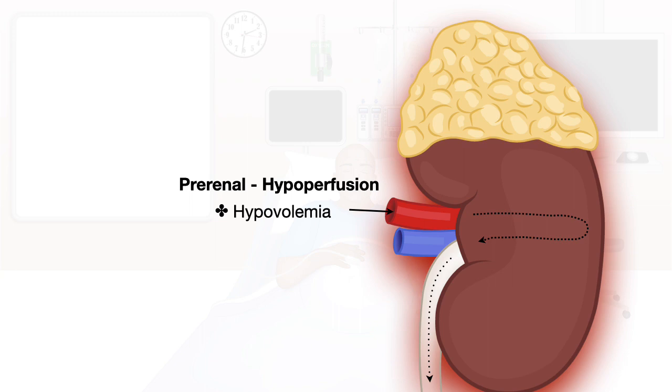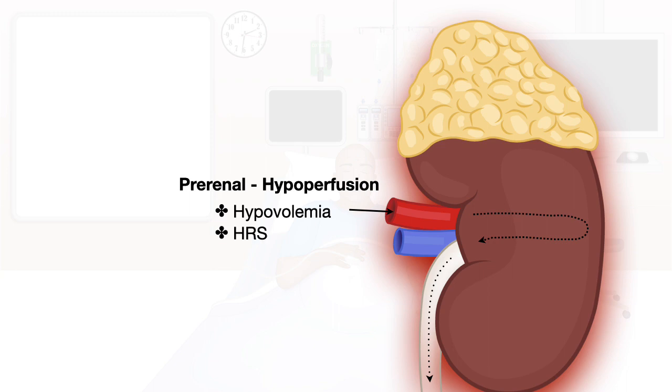This can happen if the patient has had a bleed, or the patient lost fluid because of excessive diuresis, or if the patient lost fluid because of either vomiting or diarrhea from the gastrointestinal tract. Hypovolemia is an important cause for hypoperfusion and a prerenal reason for acute kidney injury.